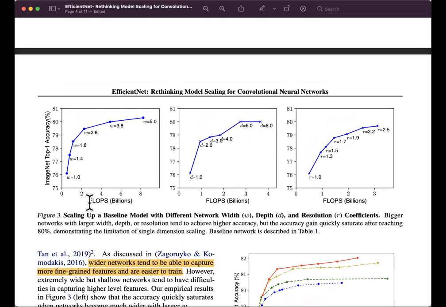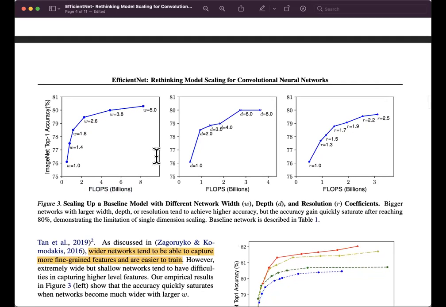So here, the x-axis denotes the flops, which is floating point operations in billions. And then if we scale width, here we see the curve. There's some elbow here.